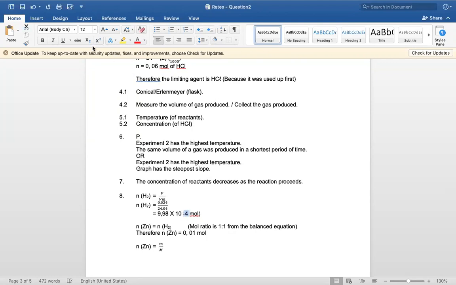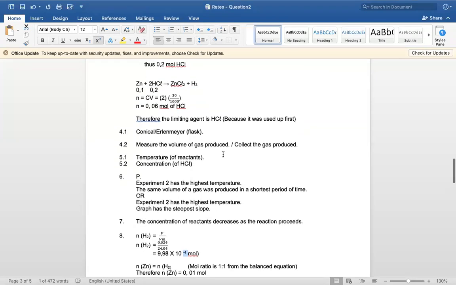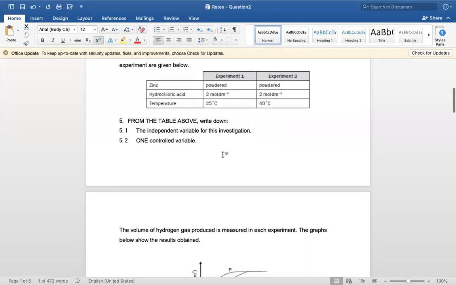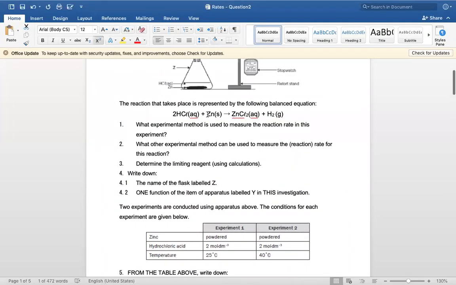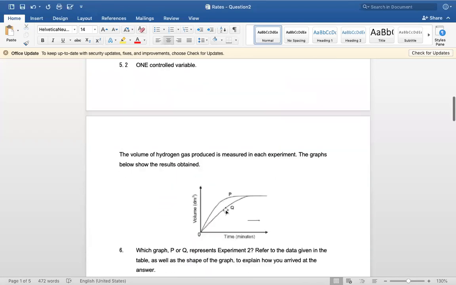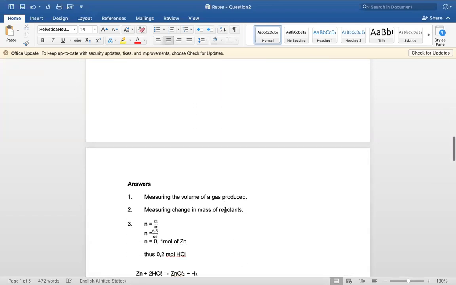We know that the mole ratio of zinc to hydrogen is 1:1. Where did we get that from? If we go up here, zinc is 1, right? And hydrogen is also 1. So the mole ratio, you must compare the relevant parts, zinc with hydrogen. So the mole ratio is 1:1.